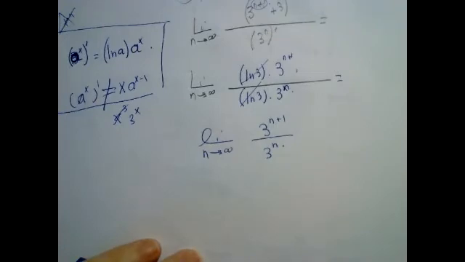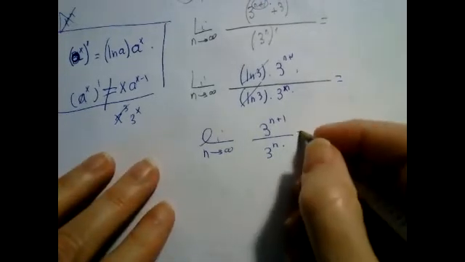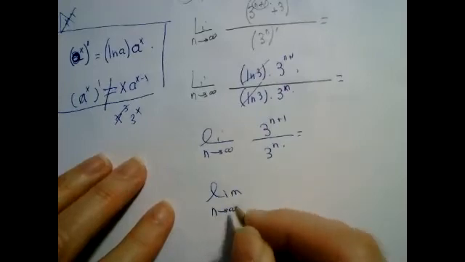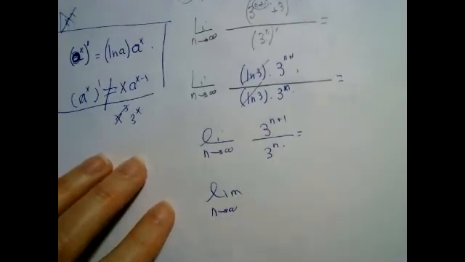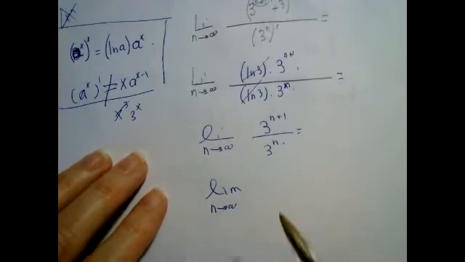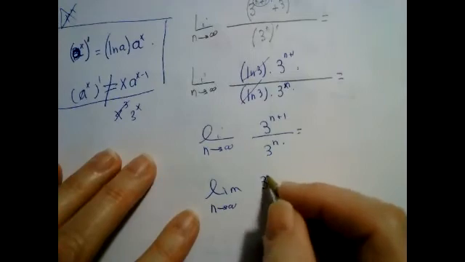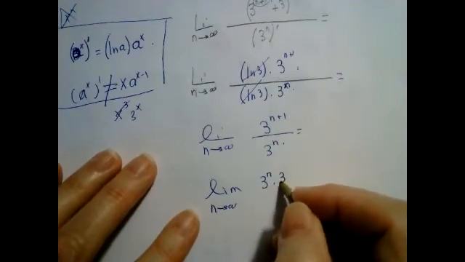Who can tell me what to do? Okay, I have a good suggestion here. Anybody else? The 3 to the n plus 1, you can make it 3 to the n times 3. Very good. This is equal to the following. 3 to the n plus 1, which is a trick I'm going to use over and over and over, starting today almost. 3 to the n plus 1 is 3 to the n times 3.